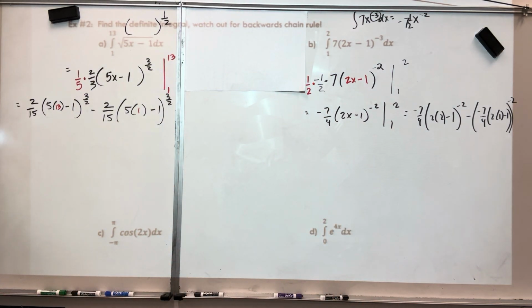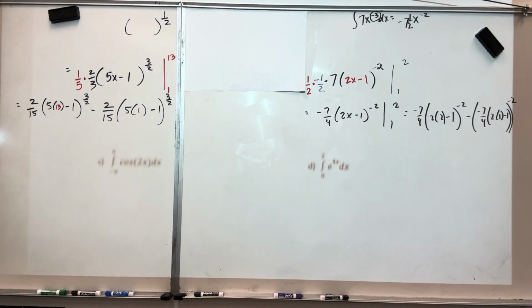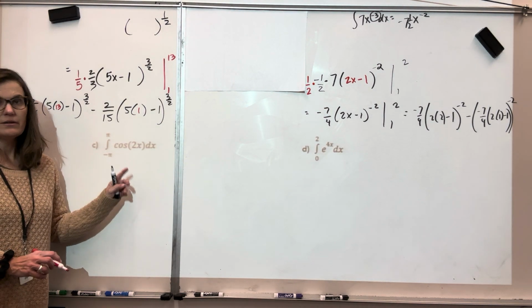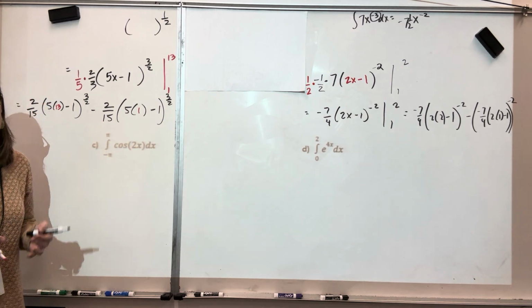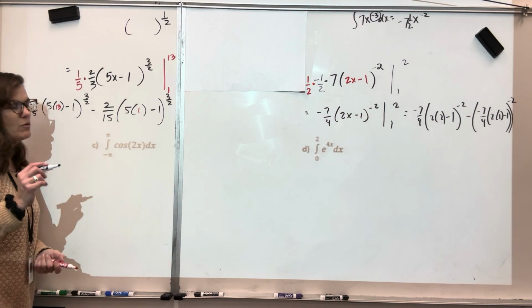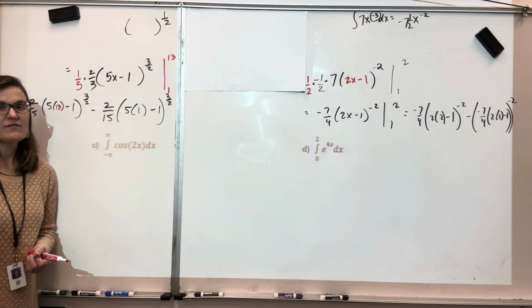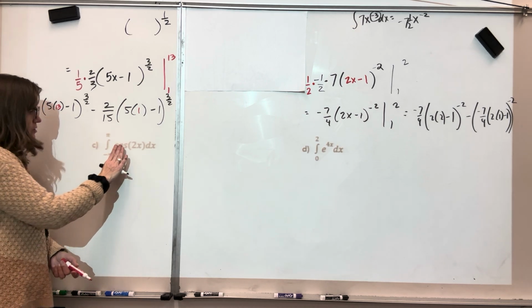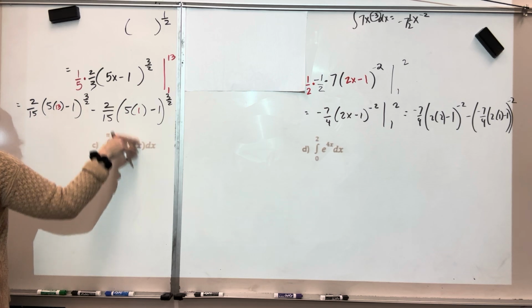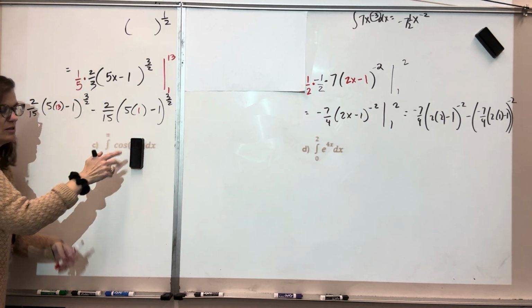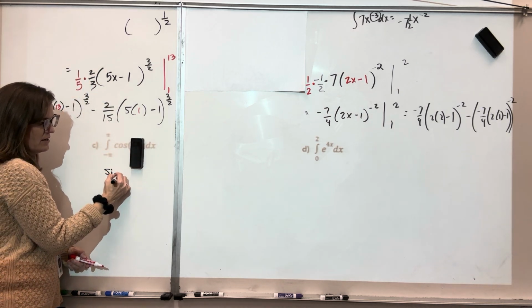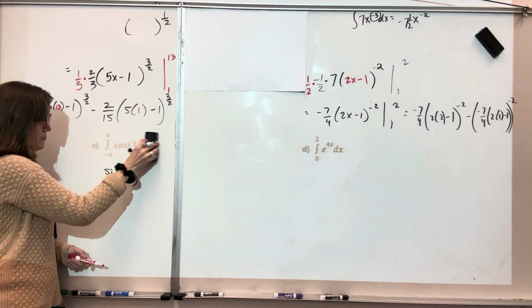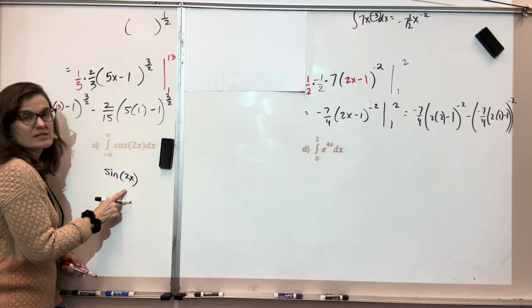All right, and then C and D on this one, we have cosine of 2x and e to the 4x. So if we have a trig word, right, cosine is stuff. The antiderivative of cosine is going to be regular sine, right? If I know the derivative of cosine was negative sine, then I know this one's going to be positive. So cosine of stuff, if it was just x at first, this would have been just sine of stuff. But it's not just x, it's 2x.